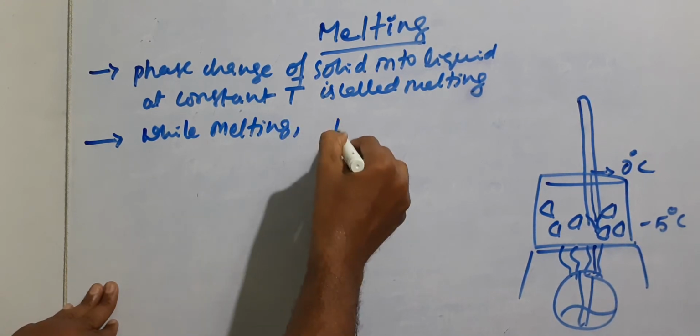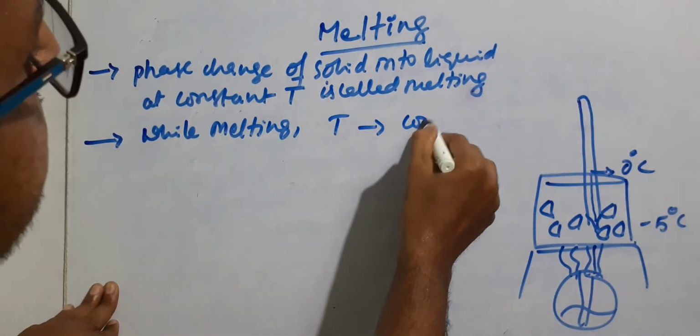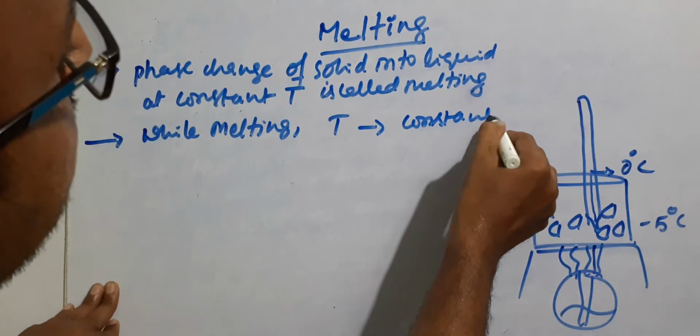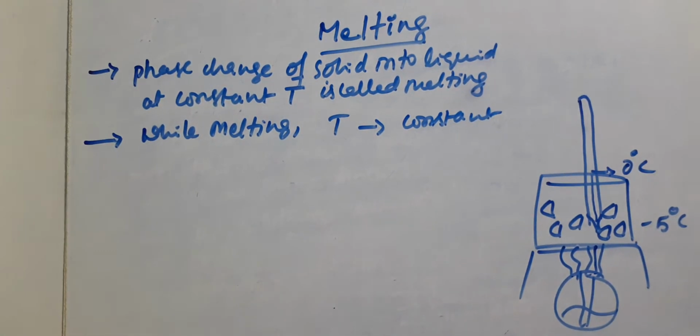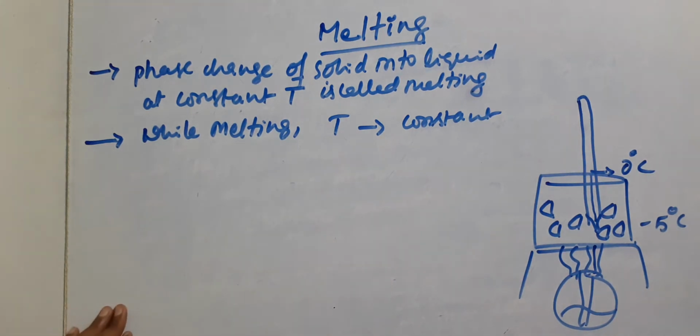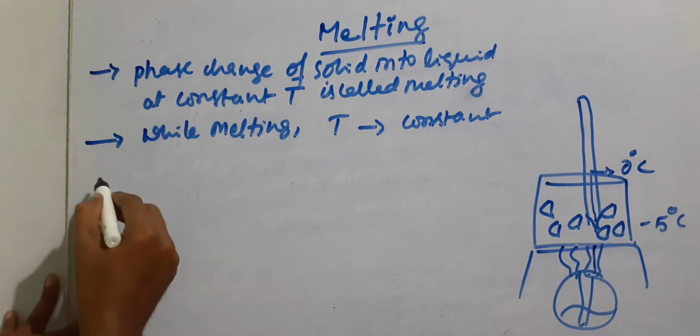While melting, temperature remains constant. Temperature does not change till the whole solid state substance in the system is changed into liquid. So while melting, temperature remains constant.